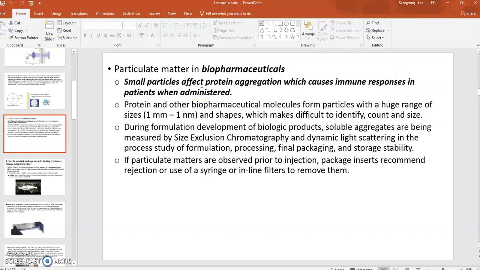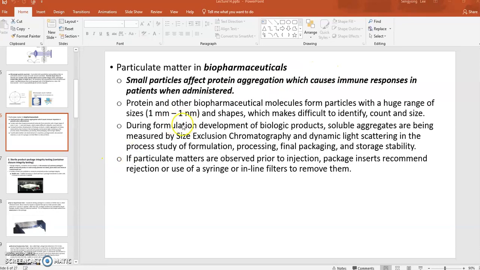So that's not good. Instead of giving efficacy, you can harm the patients. When proteins form aggregates, they can form large particles, about 1 millimeter at the largest, and as small as 1 nanometer, and they can come in different shapes, so it's difficult to identify and count those protein aggregates. Okay?